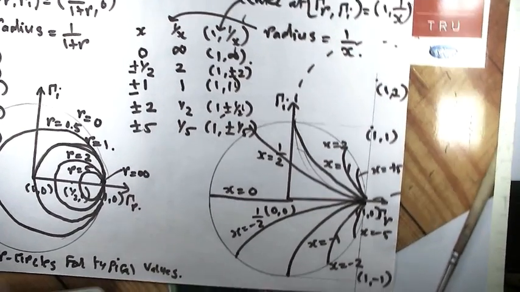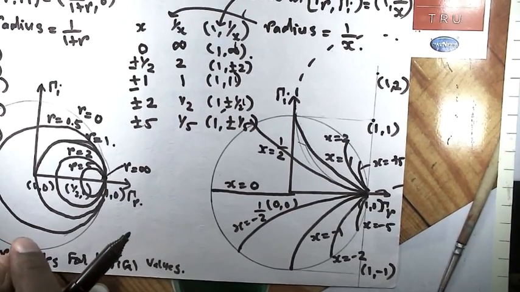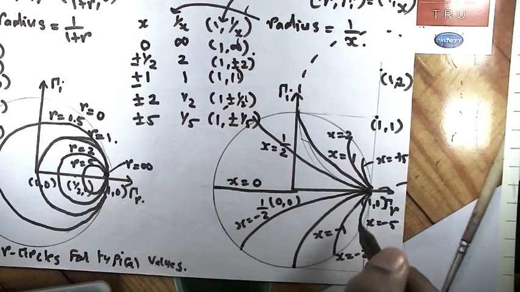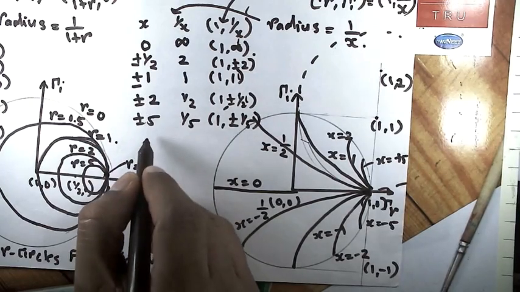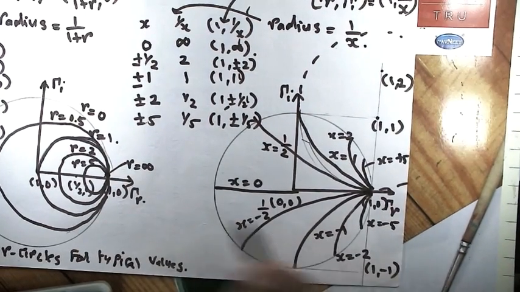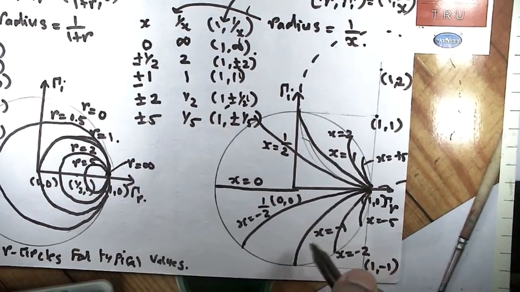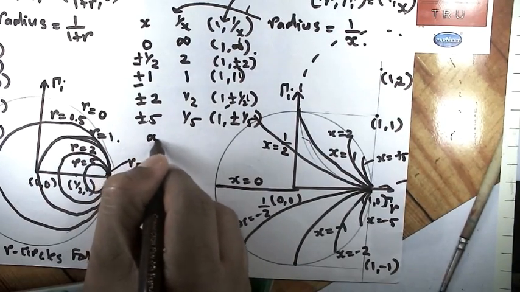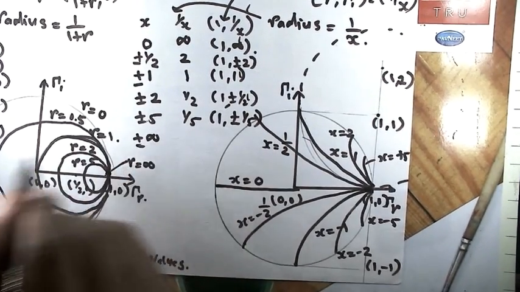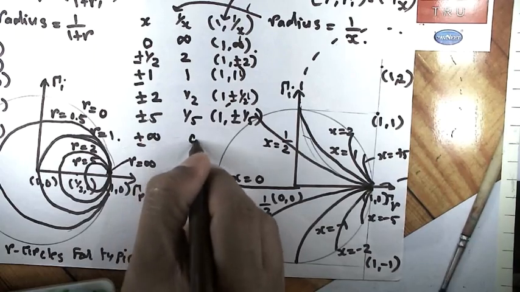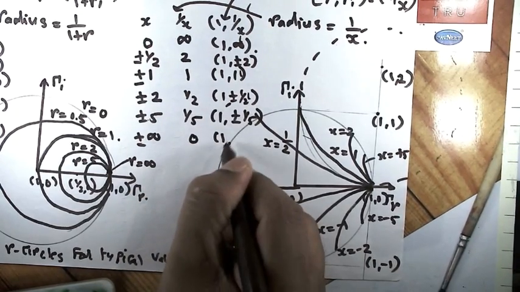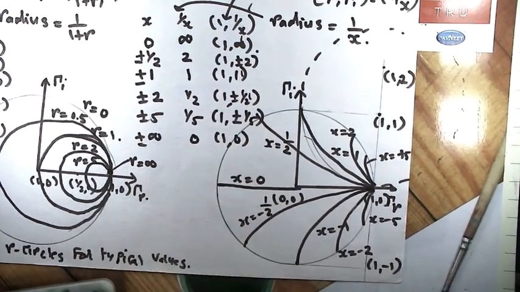So this way we can draw for any typical value of x, and we can see that as you go on increasing the values, for example to positive infinity or negative infinity, the radius becomes 0 and it concentrates towards the (1, 0) point.